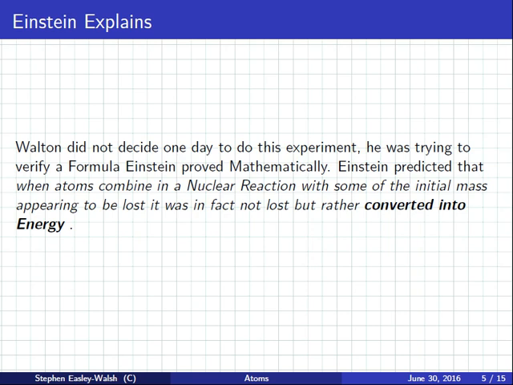Because if mass can change into energy, and energy can only change its form, then mass must be a form of energy. Mass is one of the forms of energy. So the more weight you gain, the more energy you get.